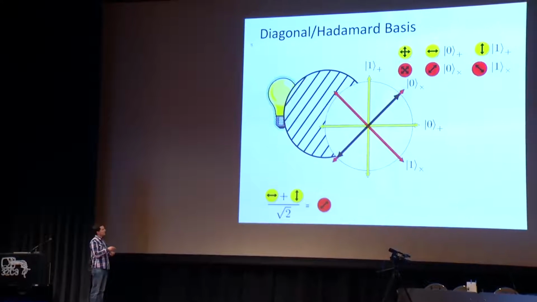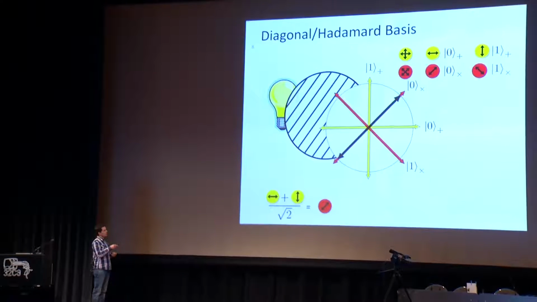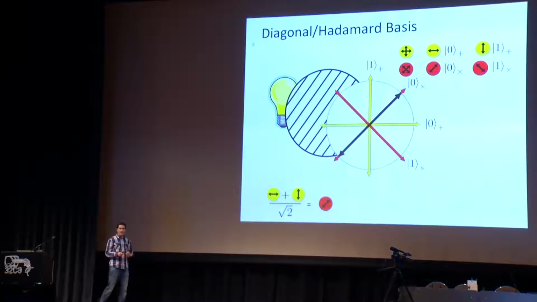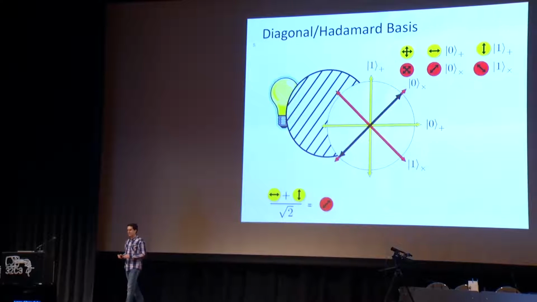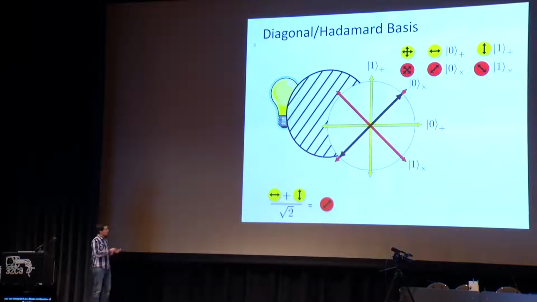So if you take this vector here, 0, and you add 1, and you properly renormalize to have a unit vector, then you actually get that 0 state. So in fact, what we have is a superposition of 0 and 1. So we have a qubit in a state which is both 0 and 1 at the same time, basically just using this diagonal polarization.